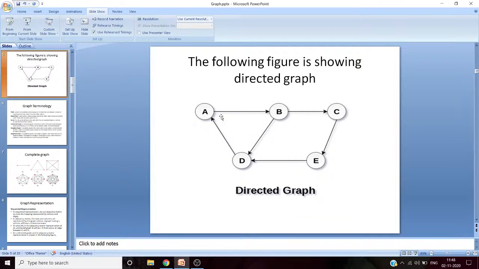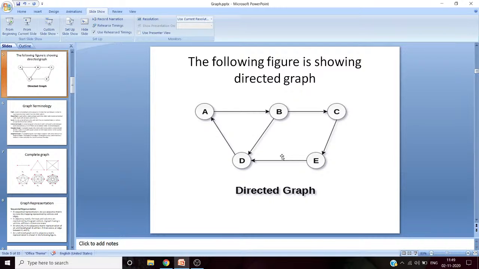So, for any graph, a path is like a traversal between any two vertices. Suppose A, B, C, A to B, B to C, this is a path. Again, suppose A, B, D, A, this is also a path. A, B, D, this is a path. A, B, C, E, this is also a path. Any kind of traversing from one vertex to another which is possible with the direction.